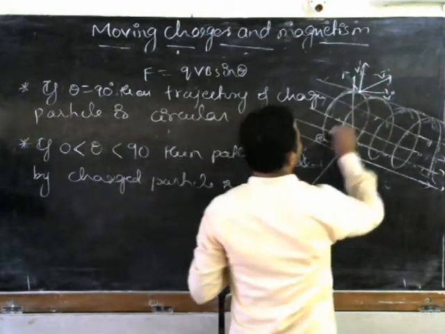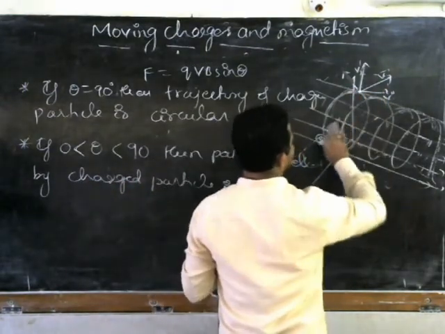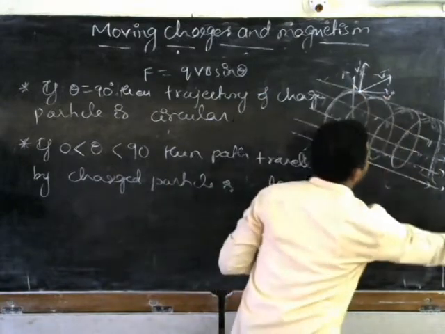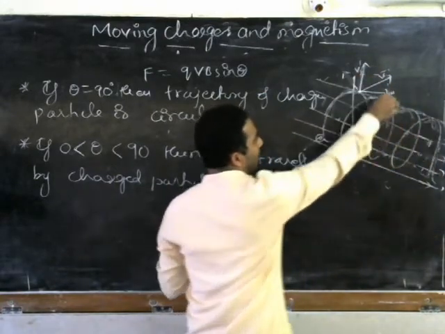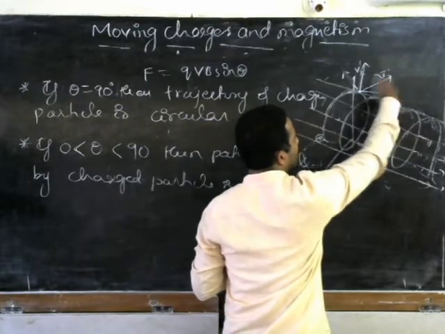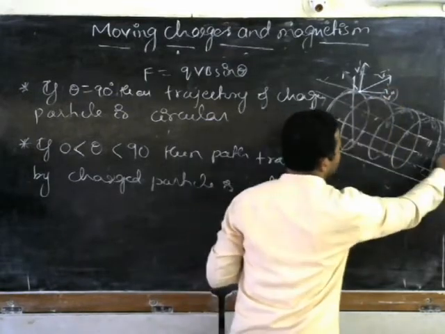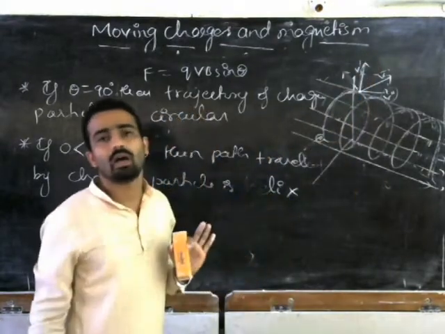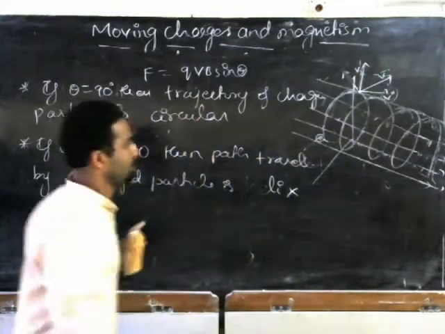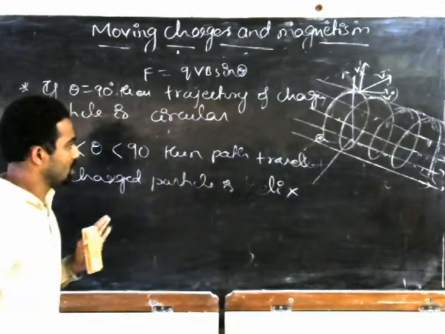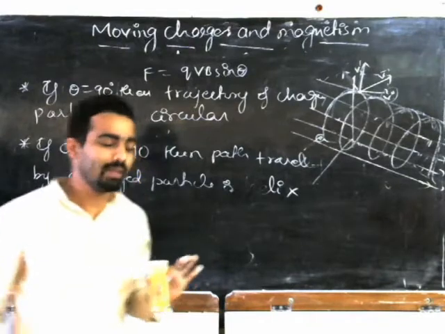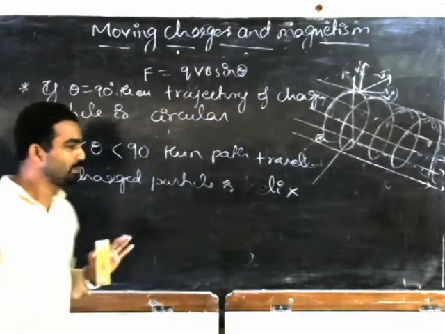So the charged particle will follow this helical path and move along this direction because of these components. Along v double dash, there is no force acting, that is why it moves along this direction. Along v dash, it experiences some force. Yes, this is about the path traveled by the charged particle when the value of theta changes.